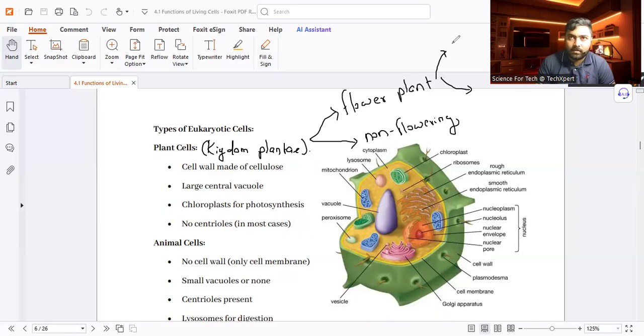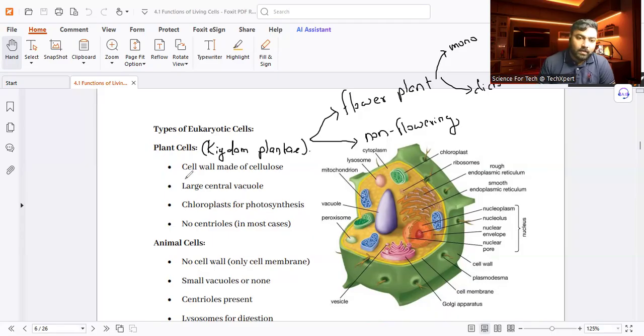What is that? Monocotyledonous plants and dicotyledonous plants. We will learn about this classification and the differences between monocots and dicots in our next lessons.